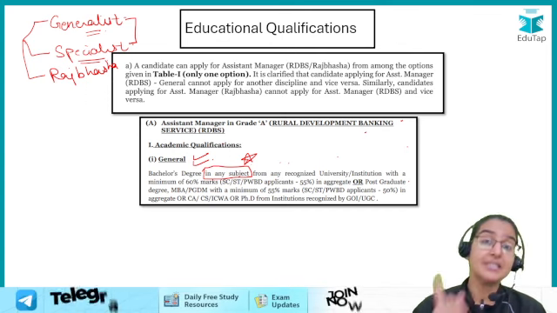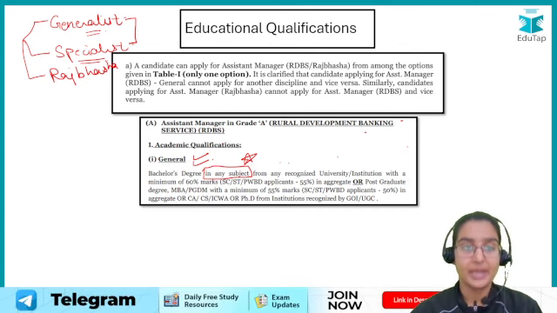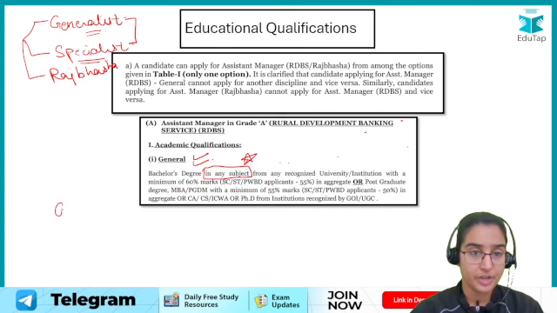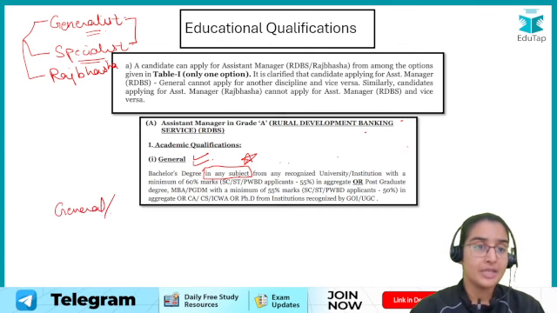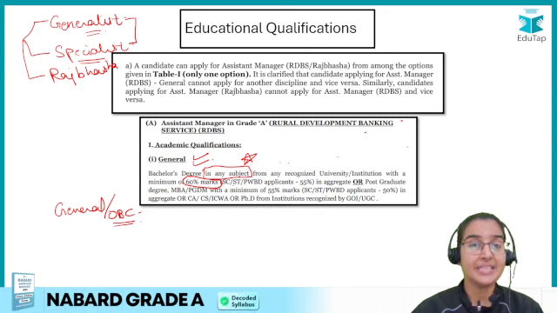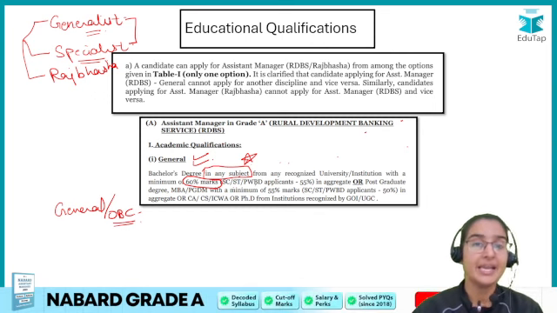But there is a marks criterion as well: if you are a general or OBC aspirant, then you must have a minimum of 60% marks in your graduation. And yes, there is a relaxation for the SC, ST and PWBD applicants, that is 55%.